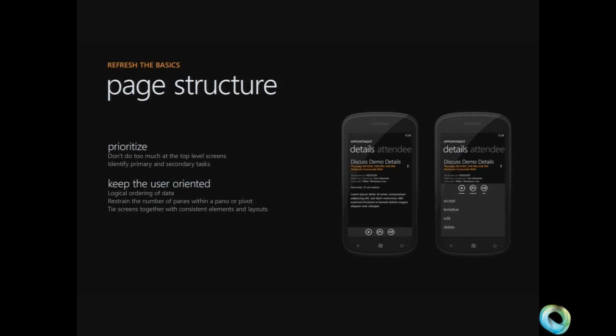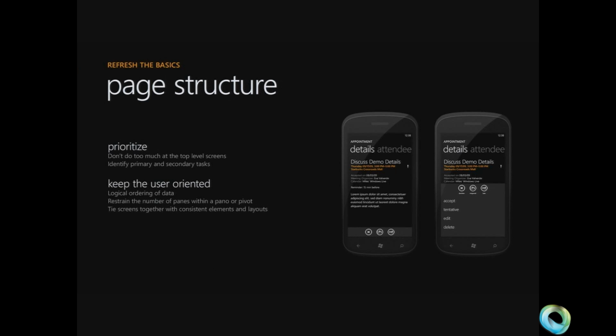There's too much content on the page. So it's essential to prioritize and let the user do one thing in a page, which is the primary function. Maybe there are some secondary things you'll do, but they're not as important as the primary one. And the secondary ones could belong in the app bar. But it's important to break up your application into all these pages and break them up in a way that makes sense.